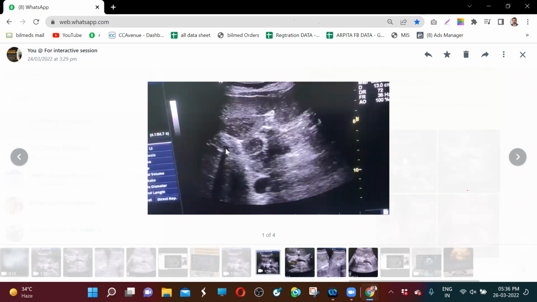And if a vessel is coming this way and there is a mass effect, then this cannot be a spared area. Have you put any color Doppler onto this area to see for any mass effect?